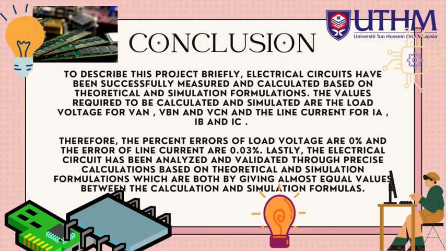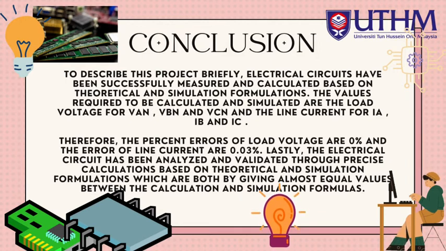Conclusion: we successfully measured and calculated based on theoretical and simulation formulas. The values required to be calculated and simulated are the load voltage and the line current. For the calculation part and simulation part, the values are the same.